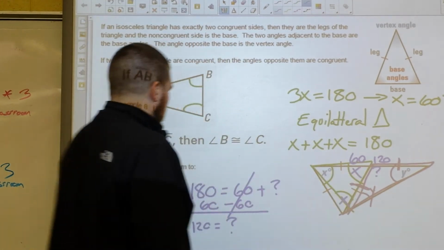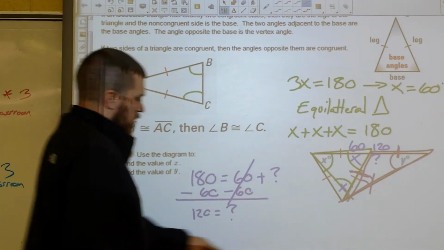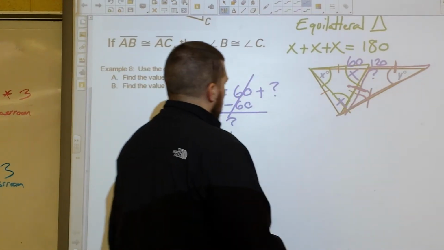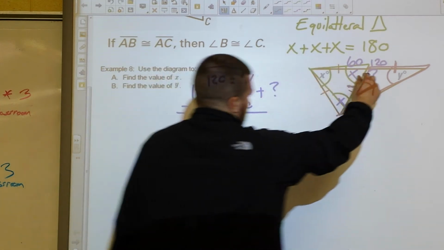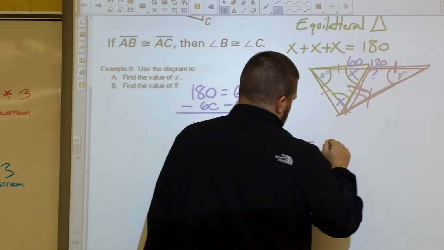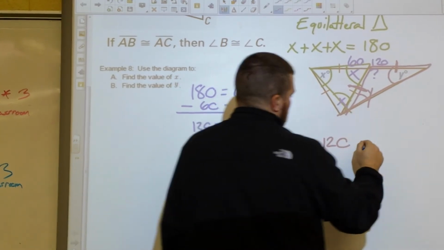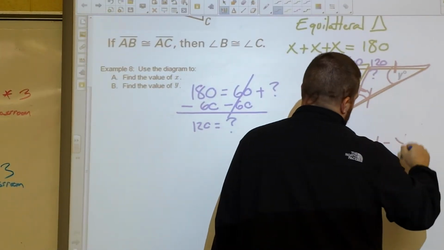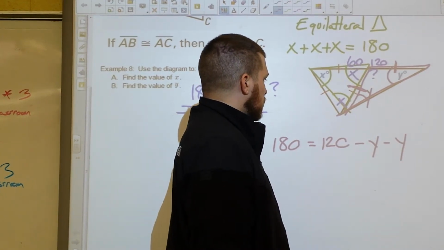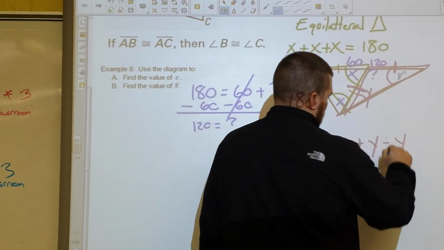Alright, great. Now, since I know I have three angles, 1, 2, 3, and I know that in any triangle the interior angles always add up to 180, I have 180 is equal to 120 that I just found, plus y plus y. I don't know why I said minus.